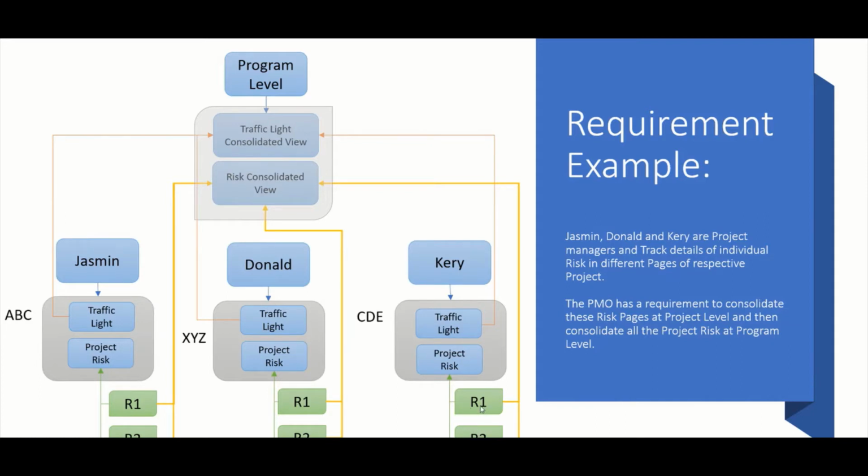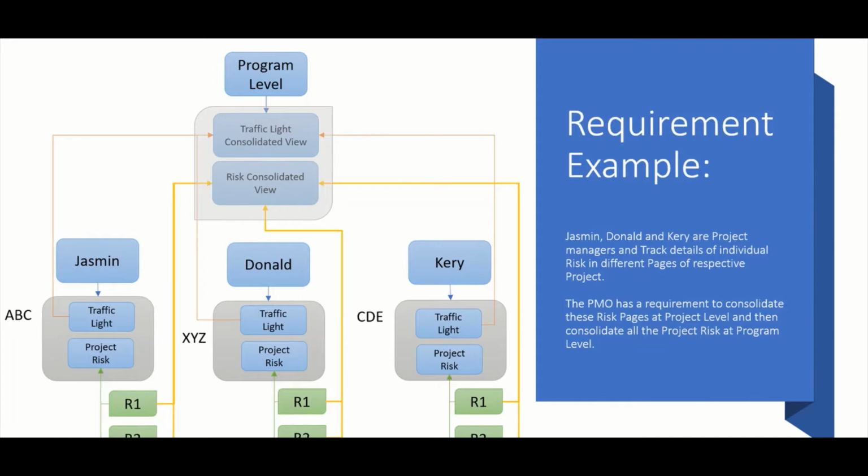What we need to do is consolidate the information, R1 and R2, and bring a consolidated view at this page. Similarly, we do the same thing for Donald and Kerry, and then bring all of these risks together at the program level. This is a fantastic example from the program governance perspective, where we look for standardization and consolidation of information so that we have a seamless, automated flow of information.